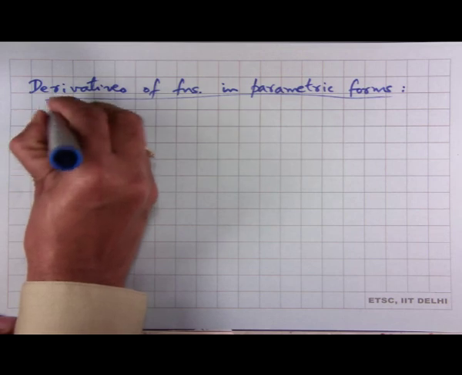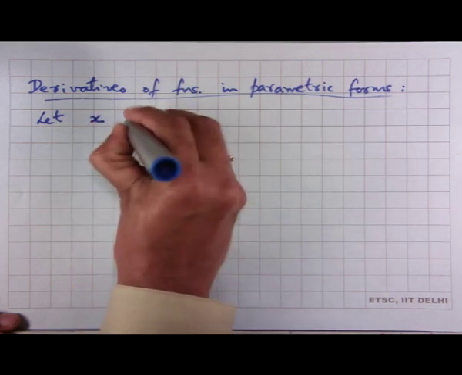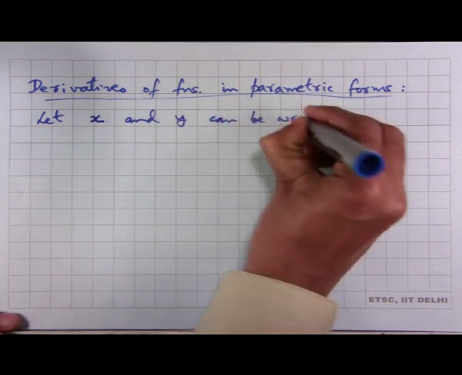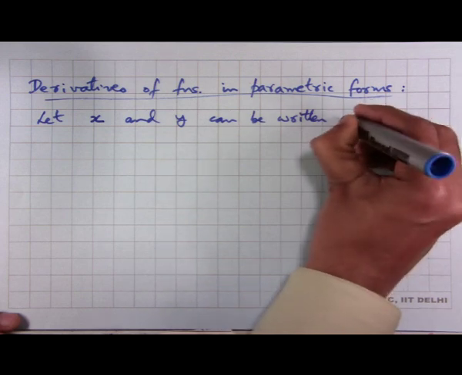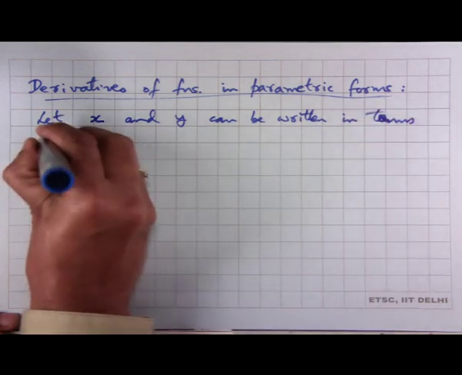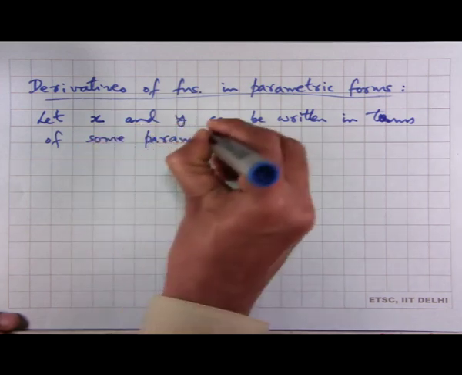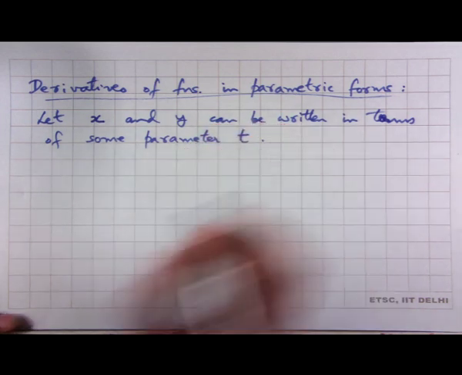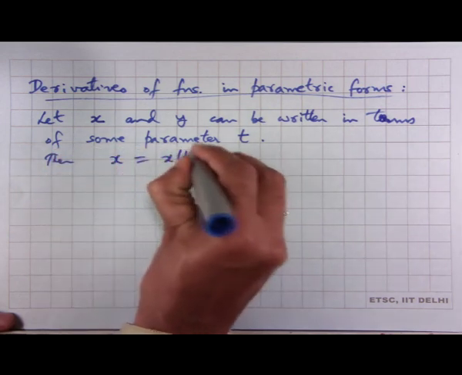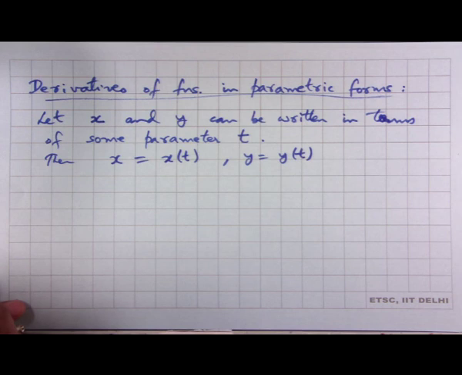Let us assume that x and y can be written in terms of some parameter, let us call it t, that is, x is a function of t and y also is a function of t. Then we want to find dy/dx.